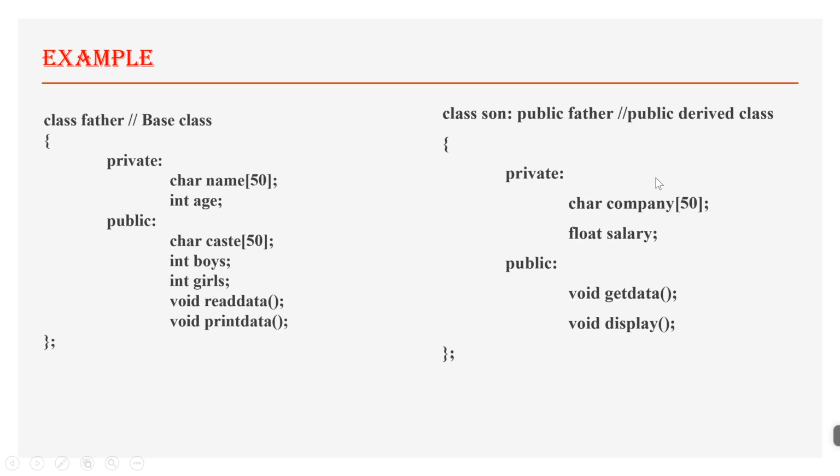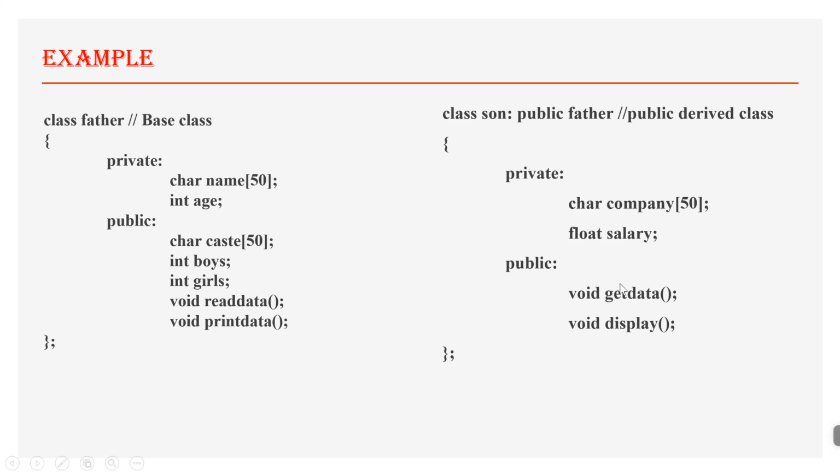Suppose if I create an object of son, the properties of son include caste, boys, girls, these two functions in addition to these two data types with these two functions.